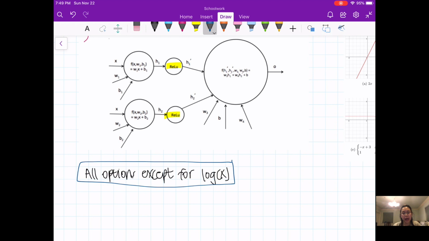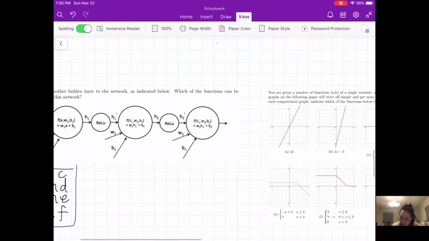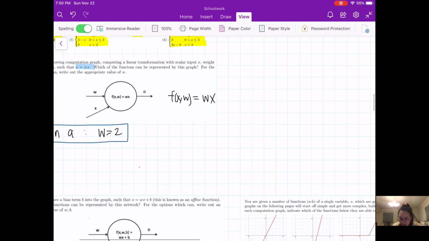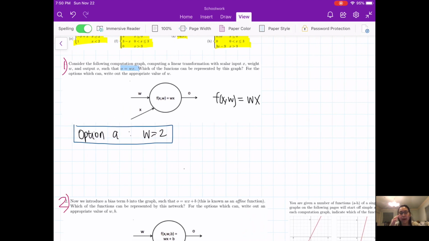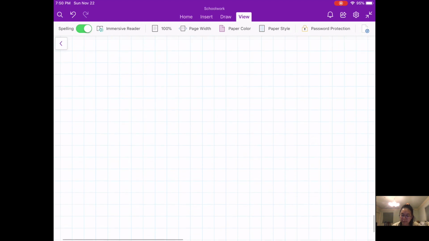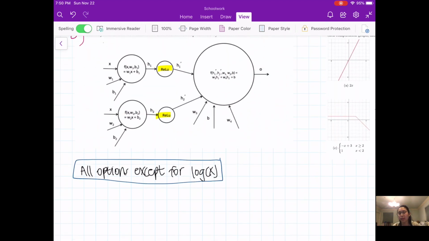And you see that happening just with these subparts, because we started from something in part A, right here, that was super simple, just 1 node. And from that, we could only represent one of the options. But as we kept adding on, adding multiple layers, adding non-linearities, and adding multiple nodes per layer, we eventually got to be able to represent everything except for the log of x. So option G.